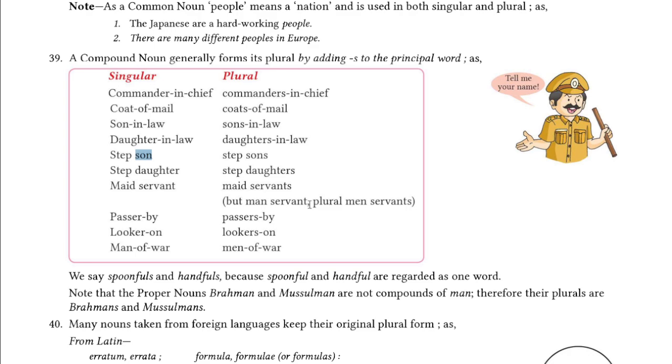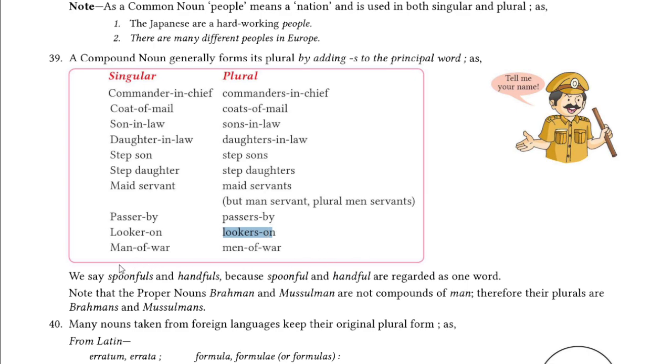We would simply change the inside vowel of man and we would get men servants. Passers-by, passerby. S would be added to the principal word and we would get passers-by. Looker on. Looker is the principal word. We would add s to it and get lookers on.